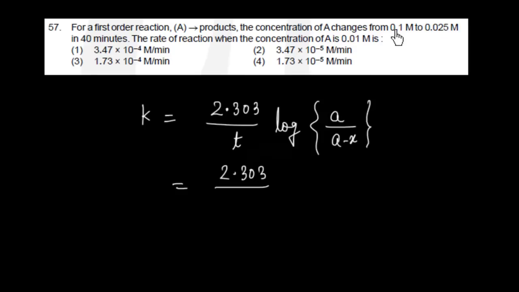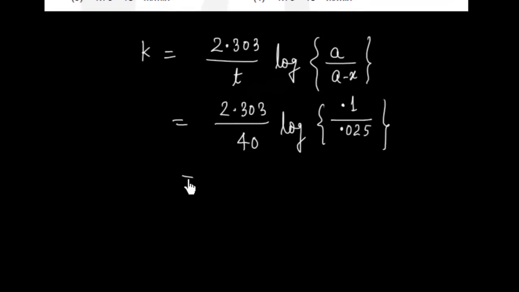In this case, time is given, so it takes 40 minutes. Log A, the initial concentration, changes from 0.1 M to 0.025. So this value is 0.025 because this is the left concentration. So we will have 2.303 by 40 log.